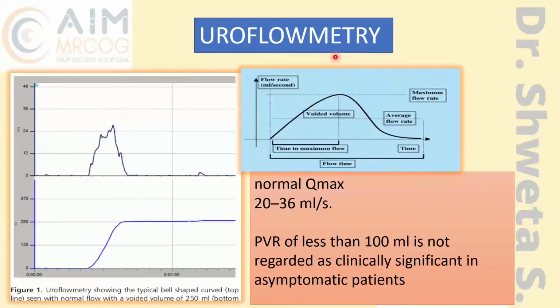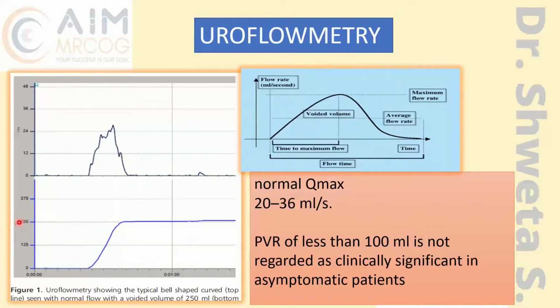Now, in uroflowmetry, if you see, this is a bell-shaped curve. This is the usual curve of uroflowmetry. This is the Qmax. If you see 24, more than 24 almost, so somewhere 25 to 28 is the Qmax for this woman. So this is the maximum flow, Qmax, with a bell-shaped curve, which is normal.